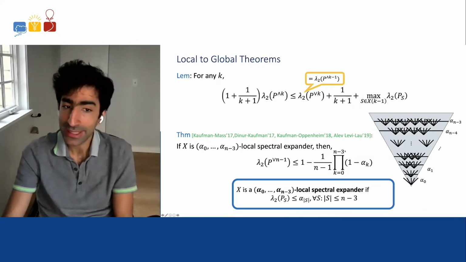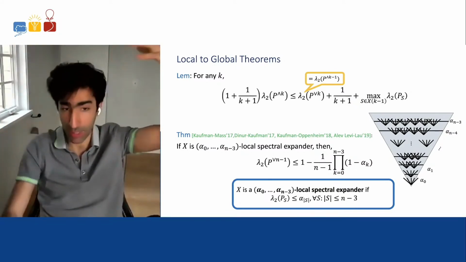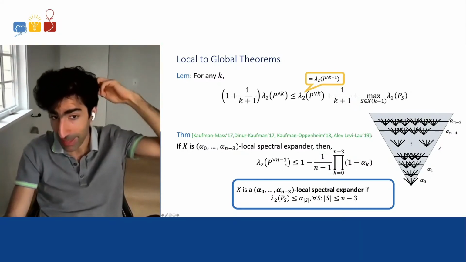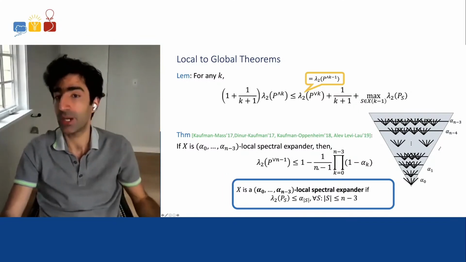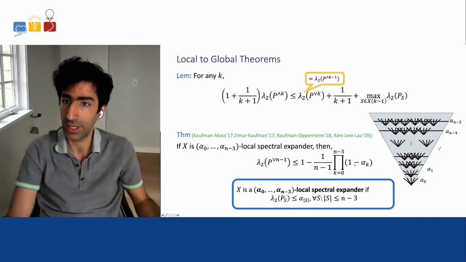Then you can bound the second eigenvalue of the up-down walk at the very top, the walk on spanning trees, by 1 minus 1 over n minus 1 times the product of these 1 minus alpha.